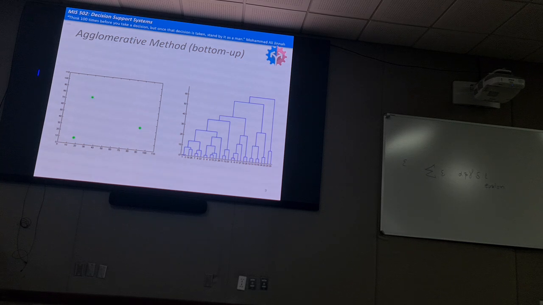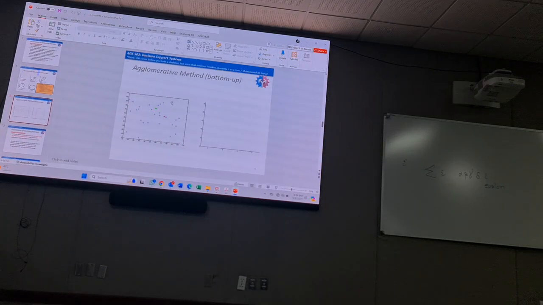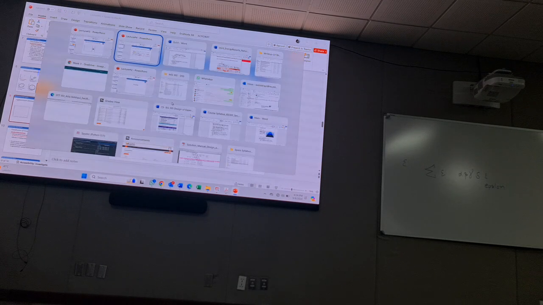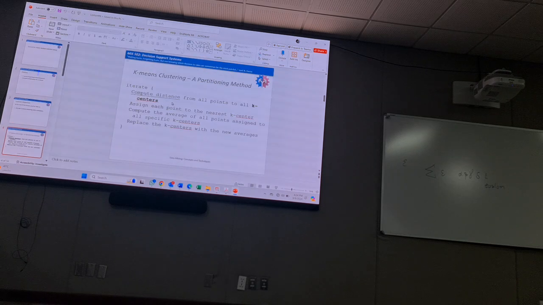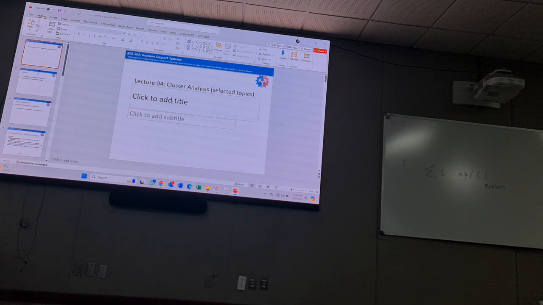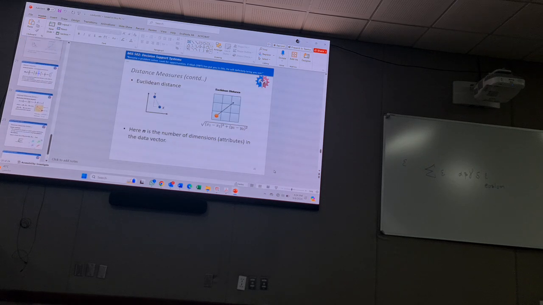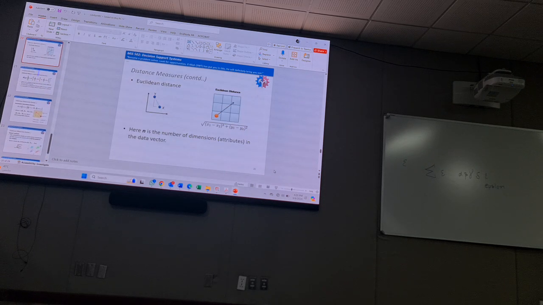So what is the formula you use to measure distances in partitioning method? What is the name of the 2 methods that you just studied that we can use to measure distance between 2 points?